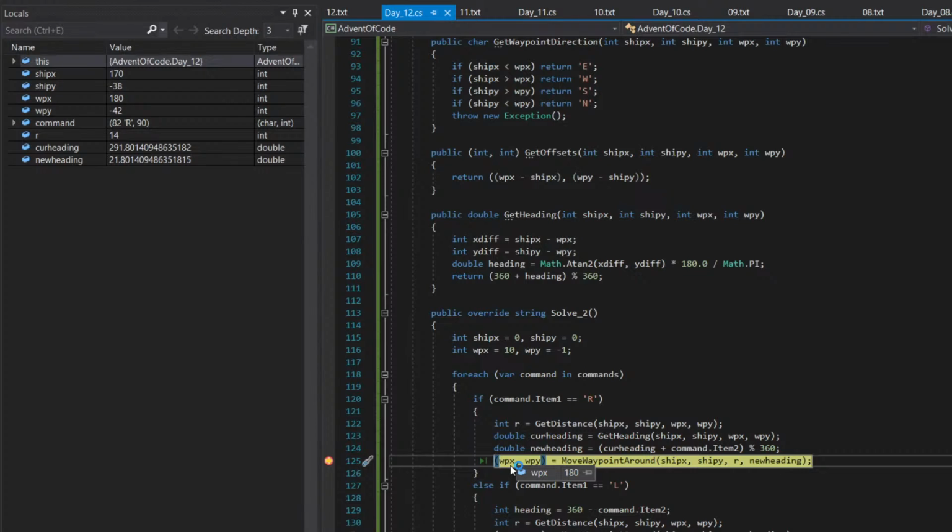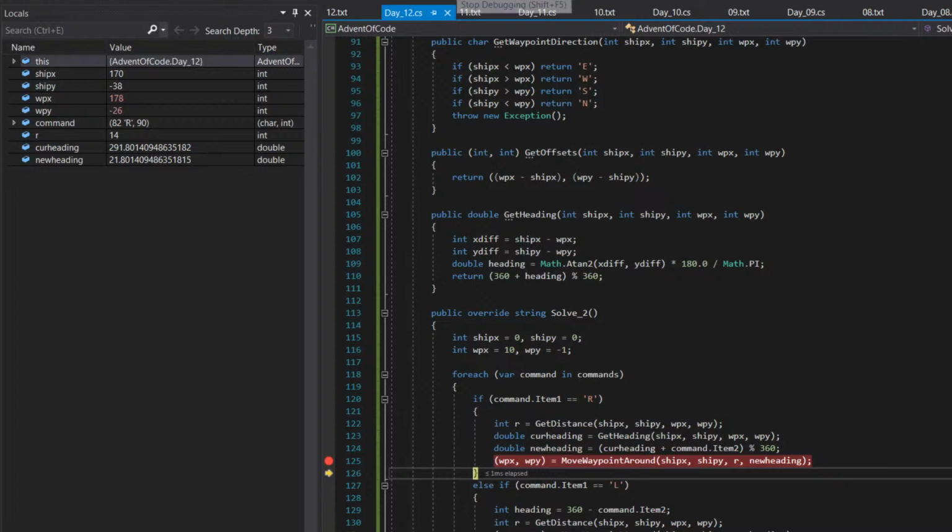So our new heading, 178 and negative 26. It's close, but not right. Why am I trying to move around?